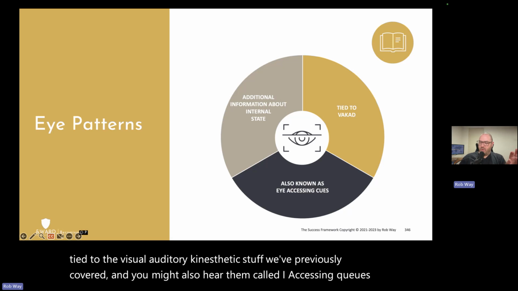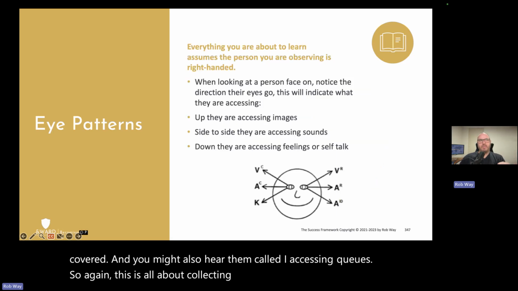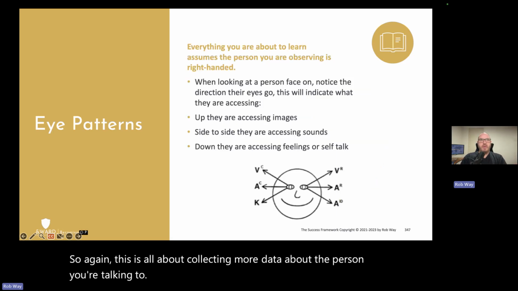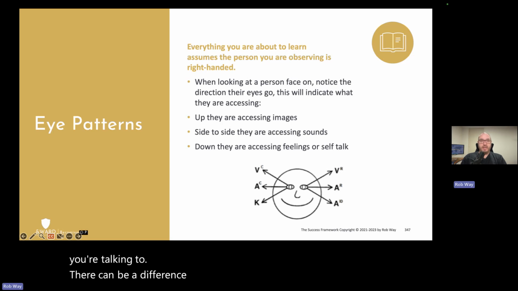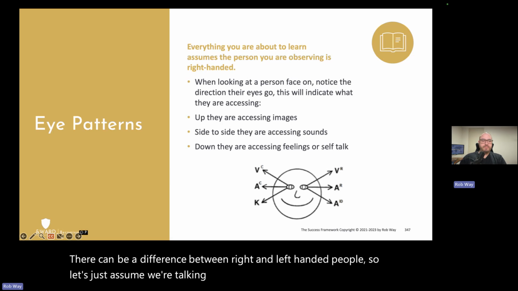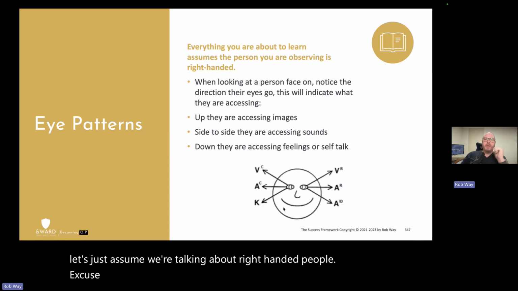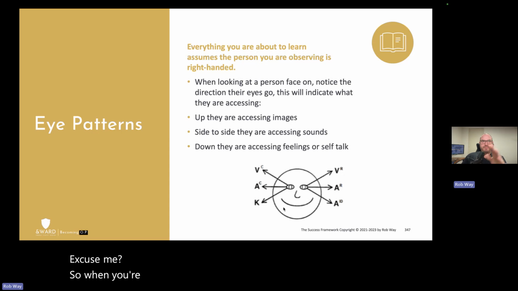So again, this is all about collecting more data about the person you're talking to. There can be a difference between right and left-handed people. So let's just assume we're talking about right-handed people. When you're looking at someone, notice the direction their eyes go.